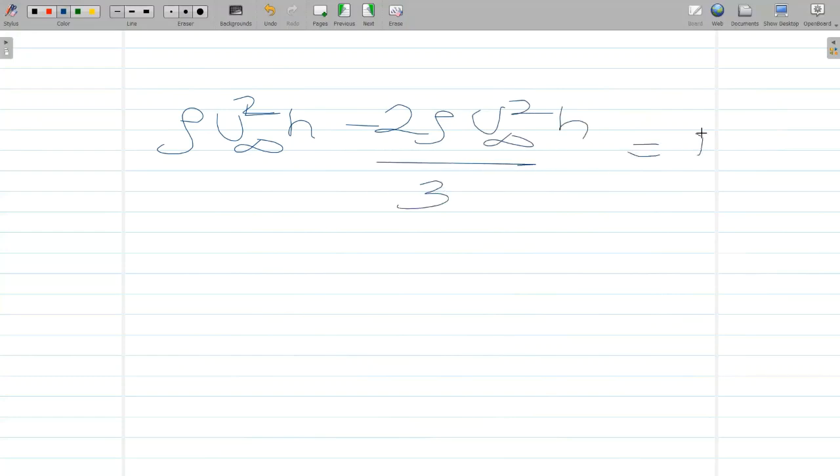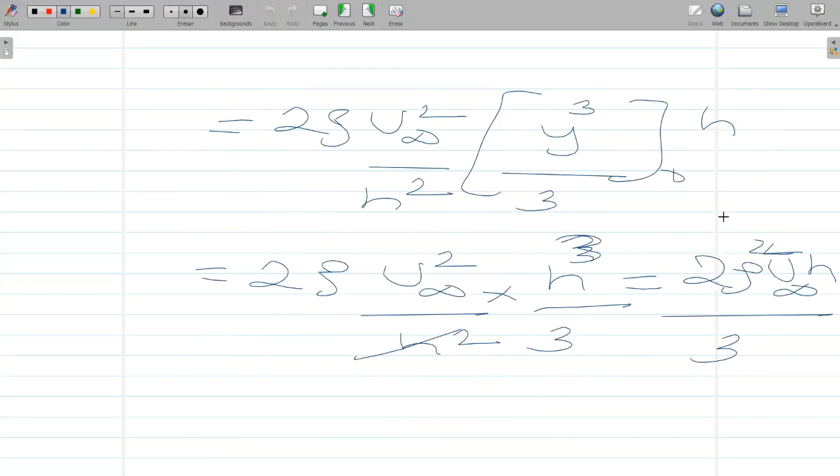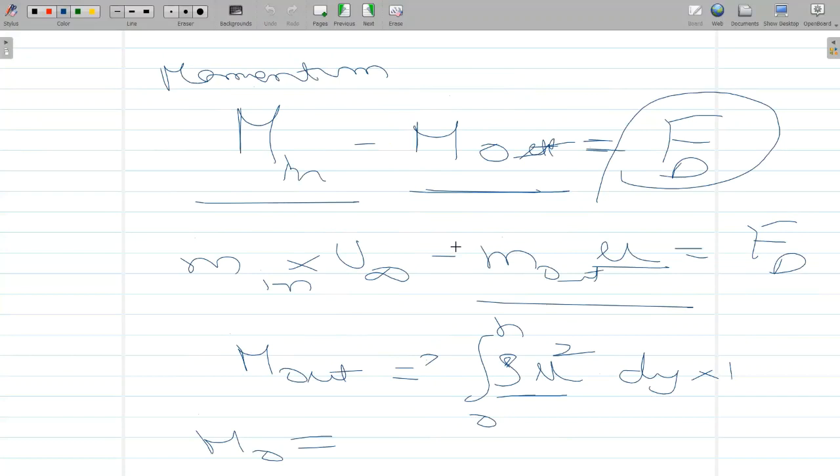And this resultant is the net force that is acting. So when I convert these fractions, I end up with 1 by 3 rho u infinity square h is equal to the net force. And this net force is nothing but the drag force that is acting, F drag. Because any loss in the momentum will automatically be accounted for towards the drag force, right?